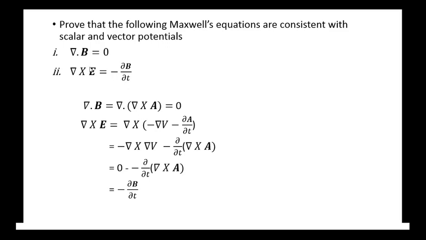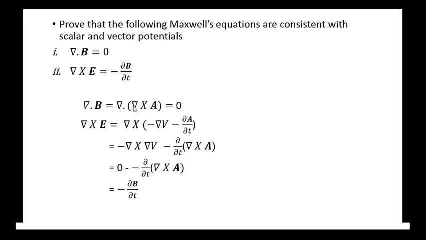Now what we are doing is that we are substituting the expression for B and E in terms of potentials here and check for these Maxwell's equations. So we have the first equation, del dot B is equal to 0, where you can substitute B as del cross A. So del dot B is equal to del dot del cross A. Now what will be that value?